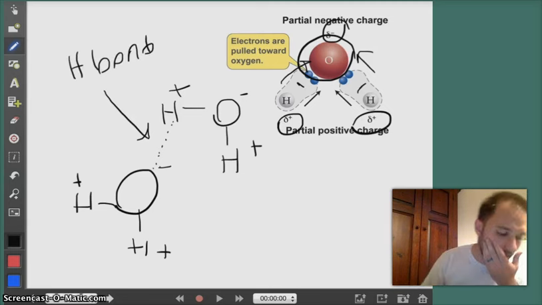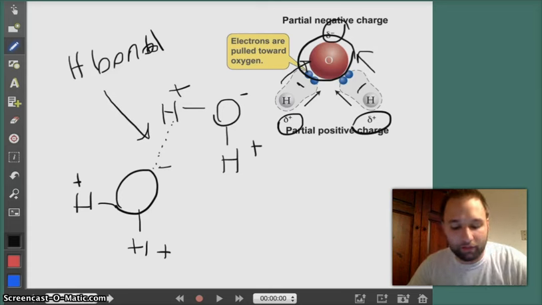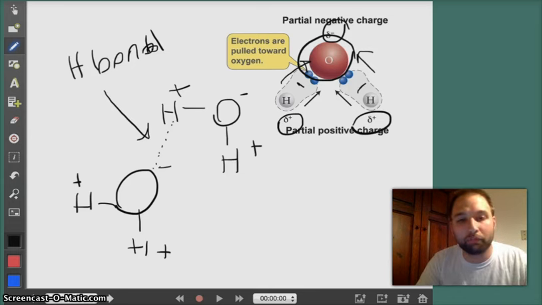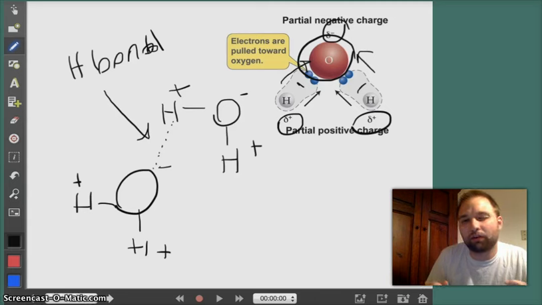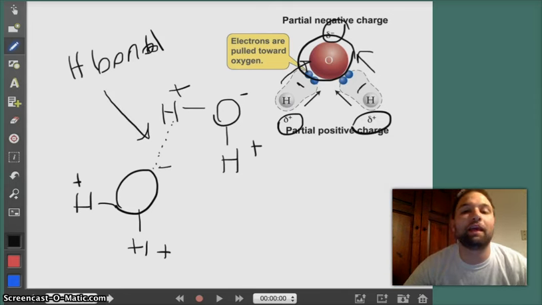And these H bonds, let me fix that quick. That's a D. These hydrogen bonds, this attraction between water molecules, is really, really important, because it is what makes them stick together, and because they stick together, it gives them characteristics that no other liquid on Earth that we know of has.